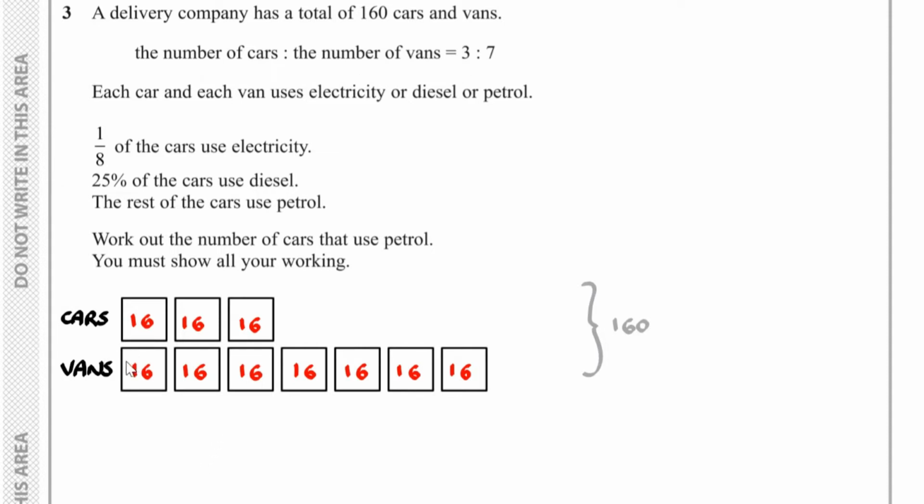And so to find the number of cars, that will be 16 multiplied by 3, which is 48. And to find the number of vans, that will be 16 multiplied by 7, which is 112.